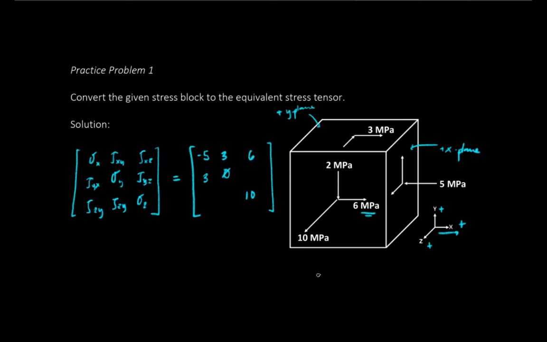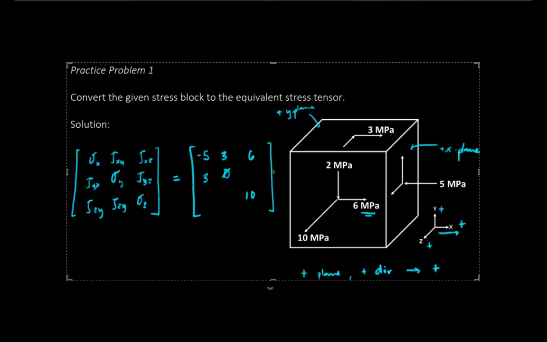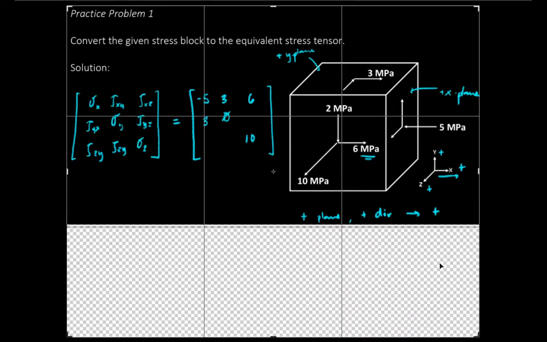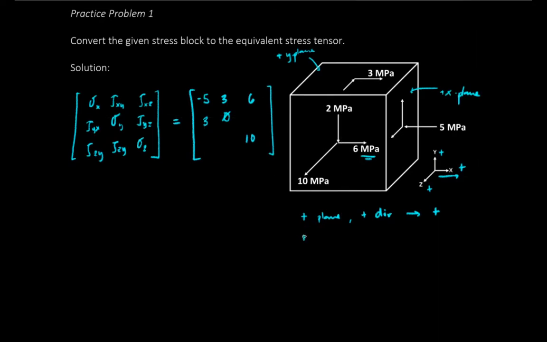So again, just to refresh your memory, if it's the positive plane and positive direction, then we have a positive sign for the shear stress. If we have a positive plane but a negative direction, then we get a negative shear stress.